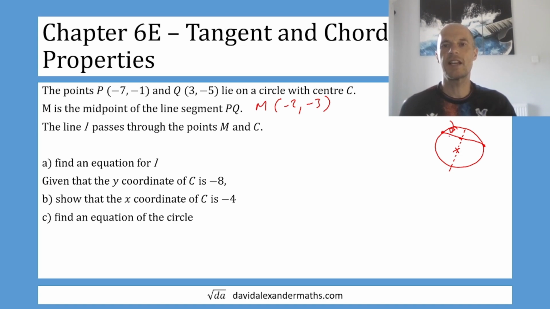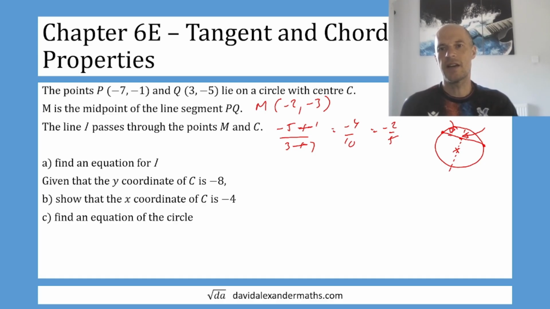If I can work out the gradient of the chord, then the negative reciprocal will be the gradient of this perpendicular bisector. So changing y over changing x, that's -5 take away -1 over 3 take away -7, and subtracting a negative is the same as adding, of course, so that's going to be -4 over 10, so -2/5.